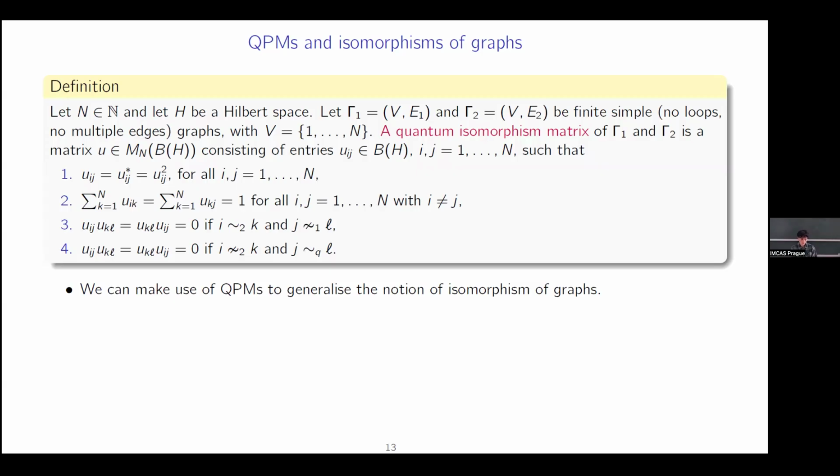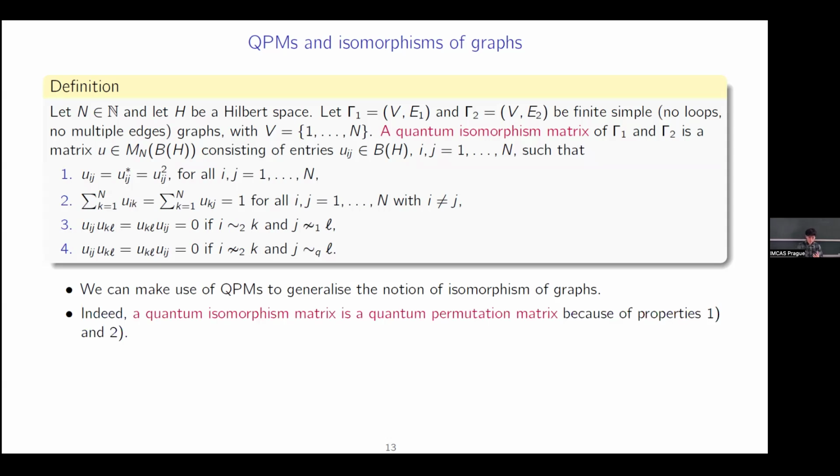Indeed, we can use quantum permutation matrices to generalize the notion of isomorphism of graphs. So, properties 1 and 2, as I was saying, are properties that you require in order to have a quantum permutation matrix, and this means that a quantum isomorphism matrix is indeed itself a quantum permutation matrix.